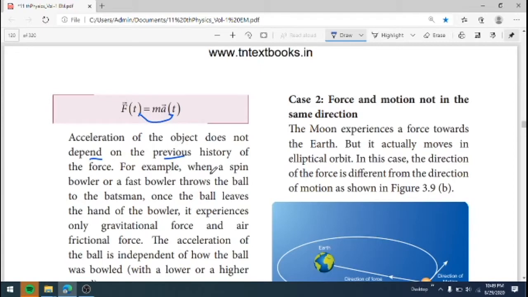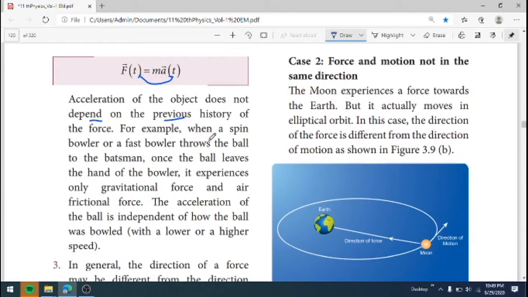This is understood with an example. When a spin bowler or a fast bowler throws a ball to the batsman, the ball leaves the hand of the bowler. Then, what are the forces experienced by the ball?